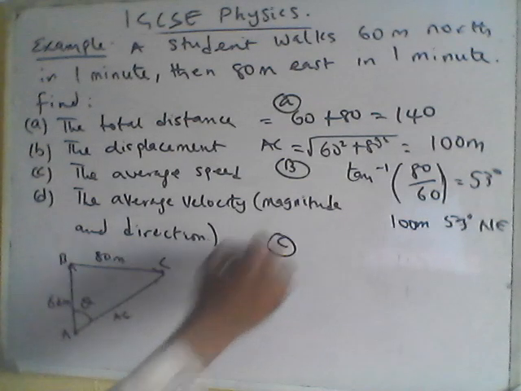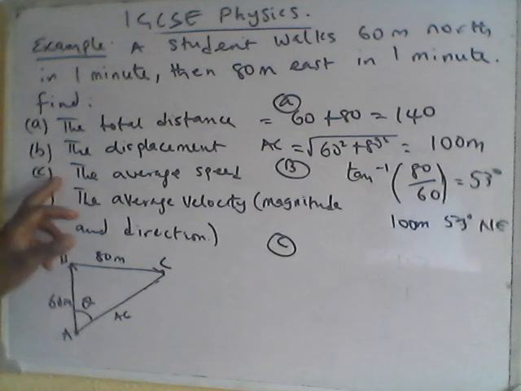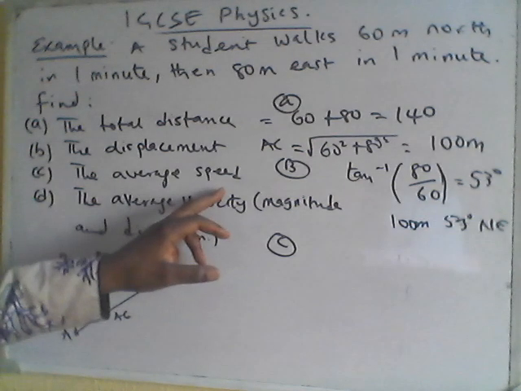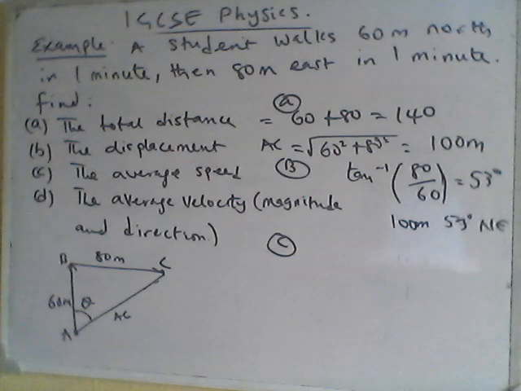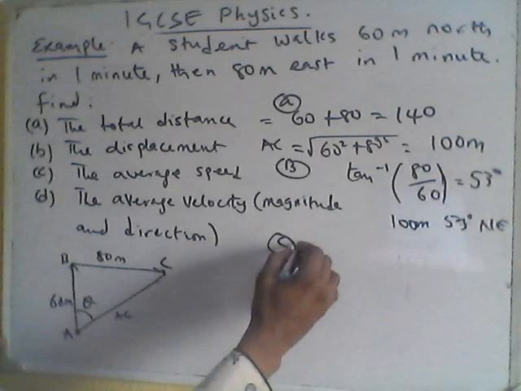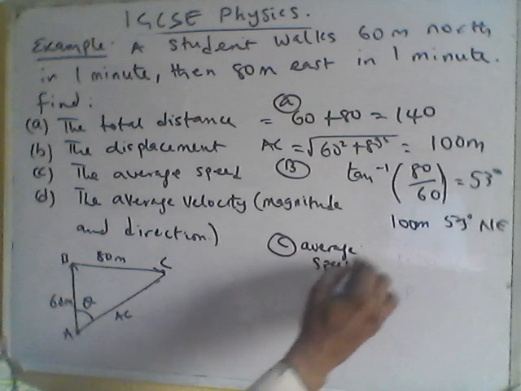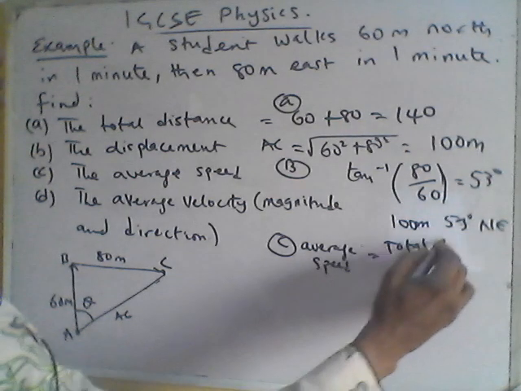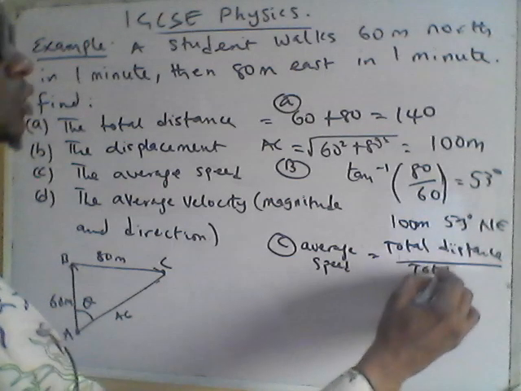Now for C, average speed. This is the speed that comes from comparing distance to time. So average speed is equal to total distance over total time.